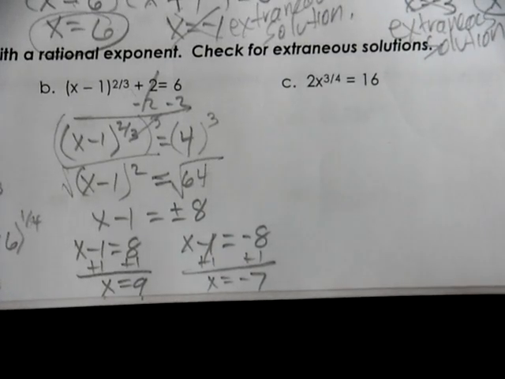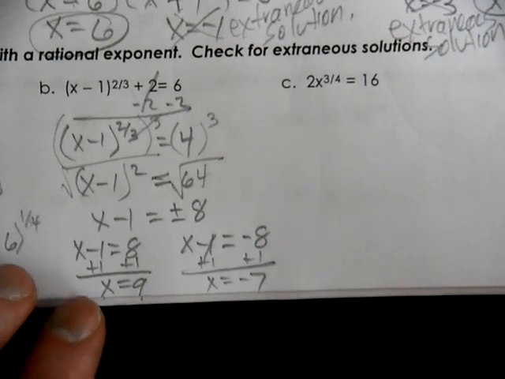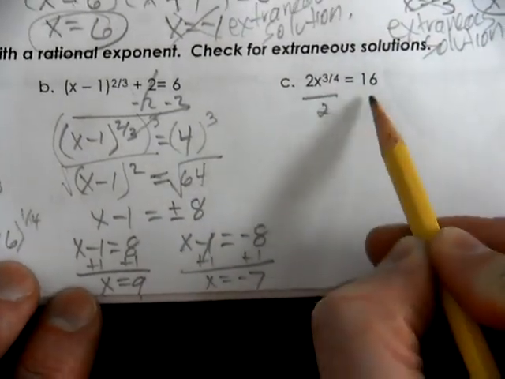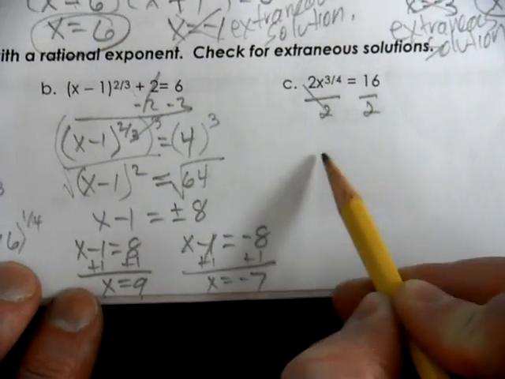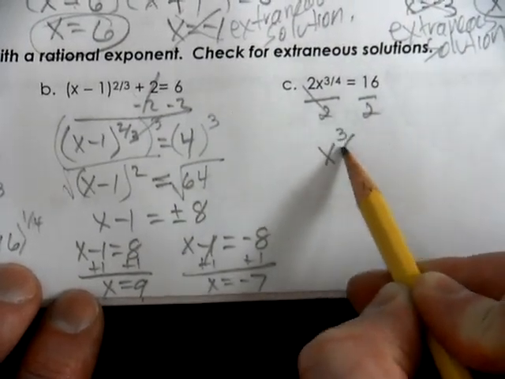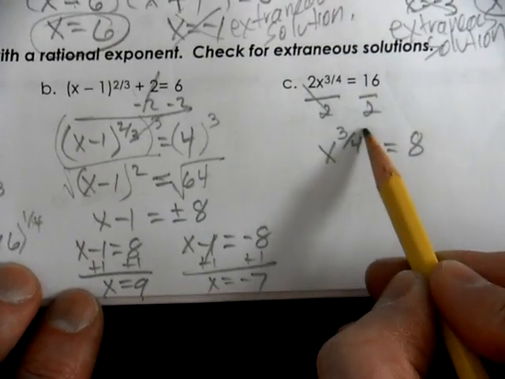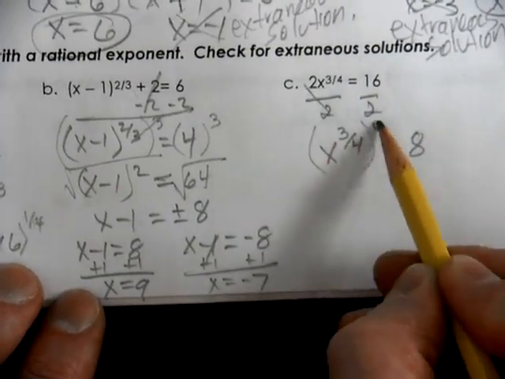What are we going to do first here? You got to divide by 2 first. So x to the 3/4 equals 8. Then we could raise both to the power of 4.